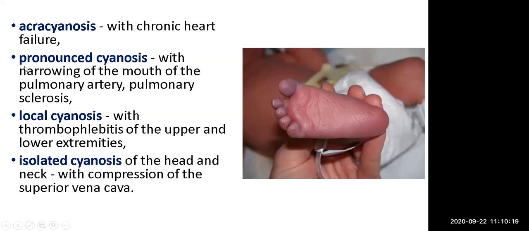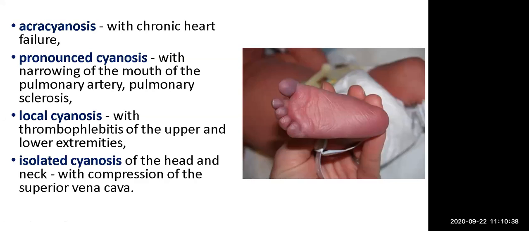Then you can see, except the acrocyanosis, pronounced cyanosis. Pronounced cyanosis, what does it mean? Very much cyanosis. This is with the narrowing of the mouth of the pulmonary artery, pulmonary sclerosis. You can see local cyanosis.